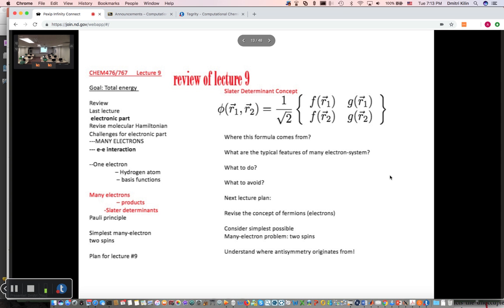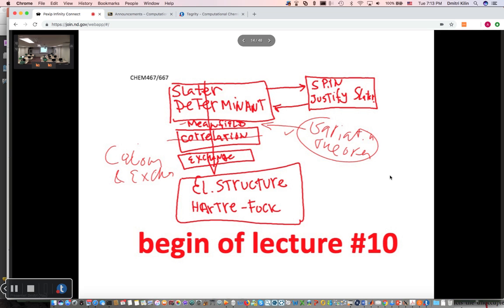So when we met two previous times, we agreed on this form of Slater determinant that represents an anti-symmetric wave function that forbids placing two electrons into the same state. And our general map to study Hartree-Fock theory is to use some background about spin, Slater determinant, bring in the concepts of mean field, correlation and exchange, and then there will be a flow chart similar to what we did for optimizing geometry.